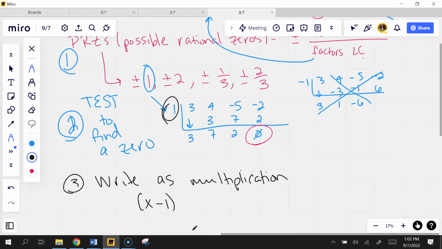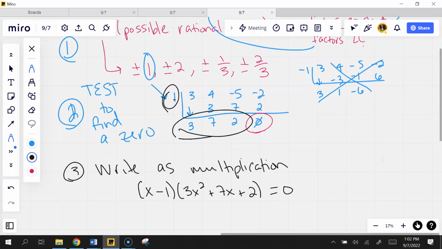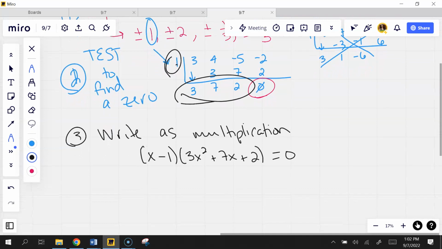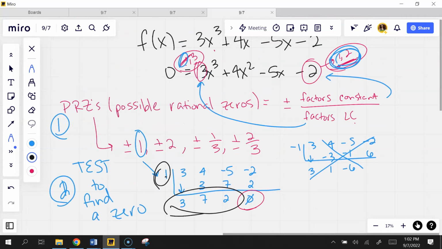X minus 1 is the factor, because I got the 1 out here, times, what is this? 3x squared. It still equals 0 because I still want to know what does x equal when this equals 0.